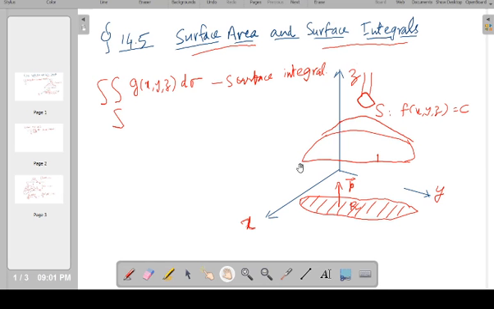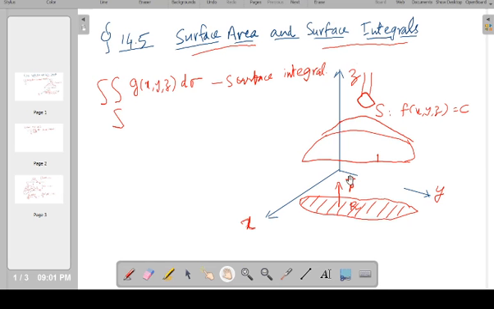Suppose you are projecting the surface onto the xz plane. So this is the xz plane. Look at the shadow in the xz plane, and you take the unit vector P, which is perpendicular to that shadow region. That means you can take that unit vector P to be vector J. Understand?